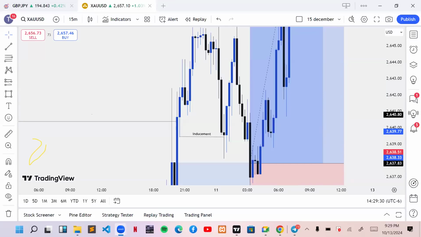The way we were taught, and let me say me personally, at least three candles will make a swing, if you understand what I'm trying to say. Nothing less than three candles will make a swing, be it a higher high or higher low or lower low or lower high.